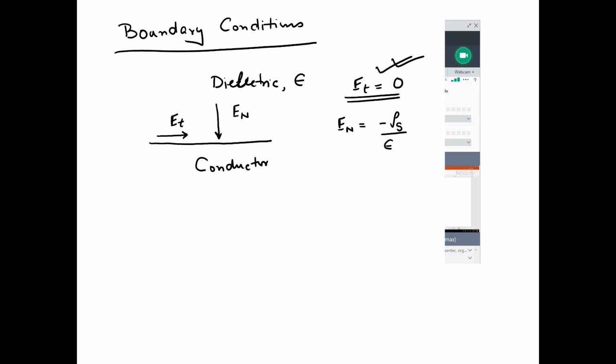So this component of the electric field can exist, and what the normal component will do is induce a charge on the conductor. These become your electric field boundary conditions on a conducting boundary.